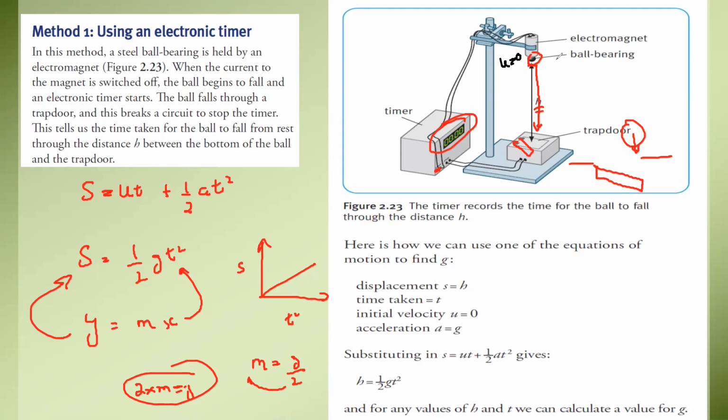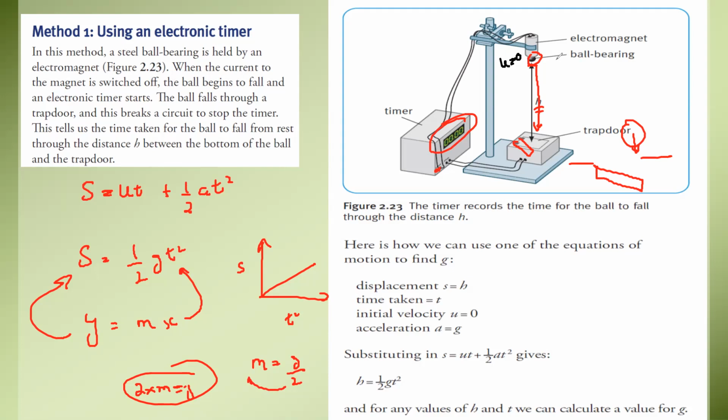This is one source of error. Another is that if the ball is dropped from a greater height, it might reach terminal velocity, or its acceleration may not be constant. So the ball should not be dropped from a greater displacement, as there is more air resistance, which can reduce the ball's acceleration. So its acceleration won't be constant.